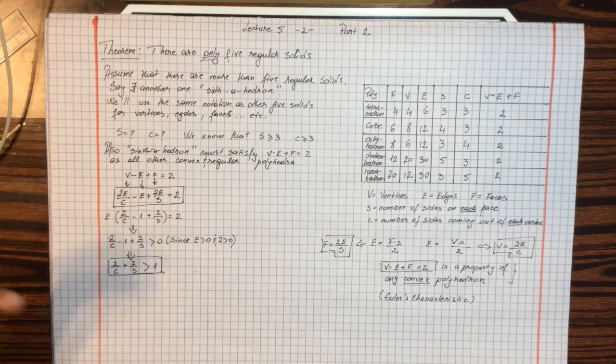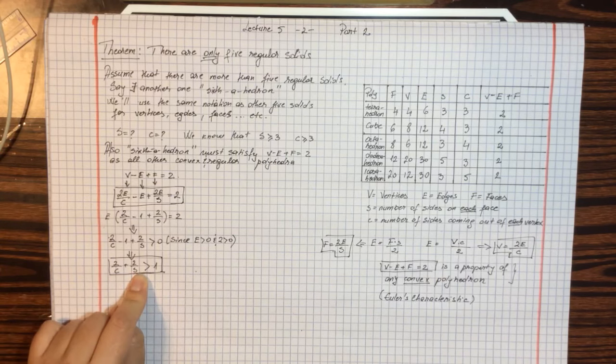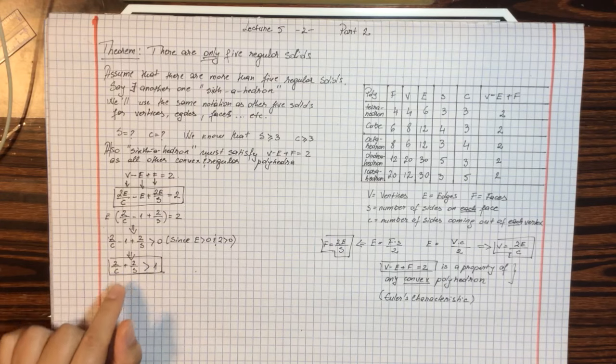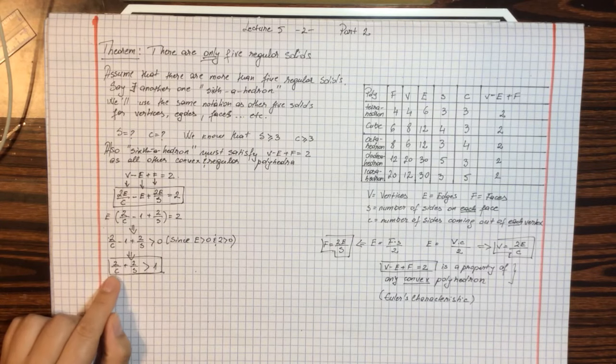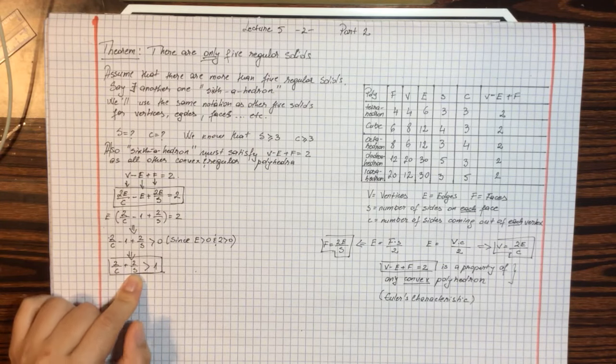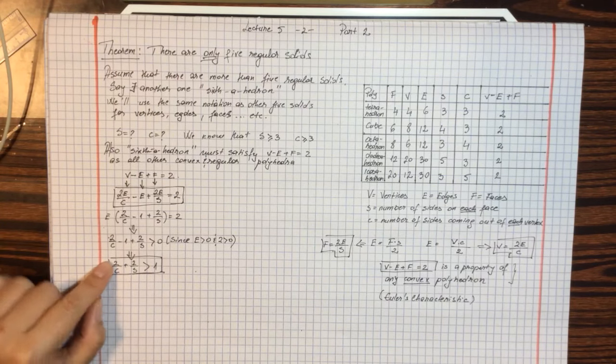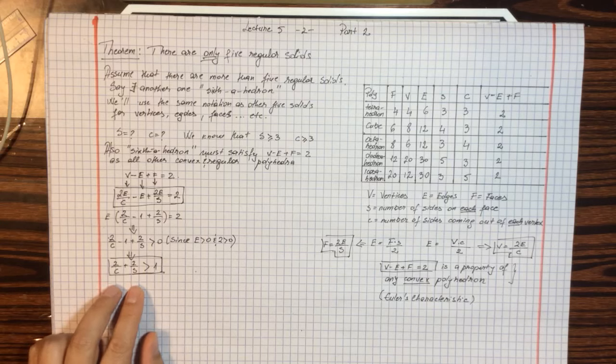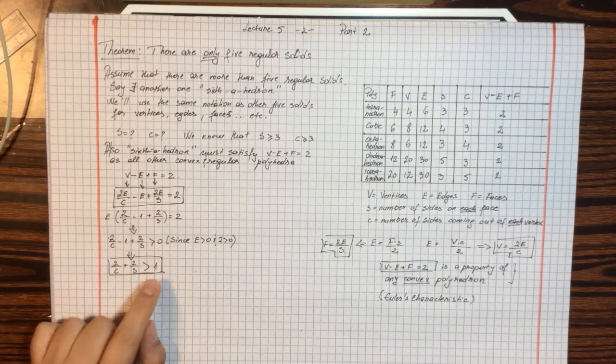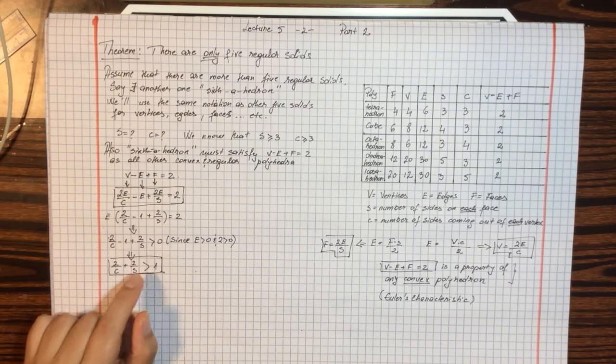Is there a largest value that C and S could be, such that this inequality is true? That is the key. For example, could C and S be as large as 6, either one or both? No, because if you plug in both being 6, you get a number that is less than 1, not greater than 1. Also, if one is 5 and the other is 6, you also get something less than 1.